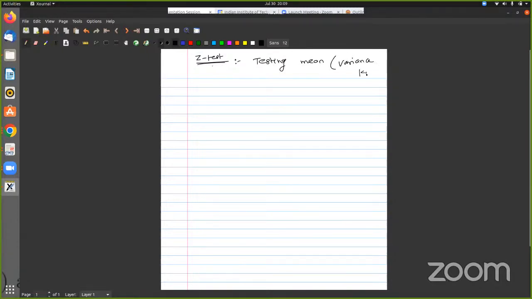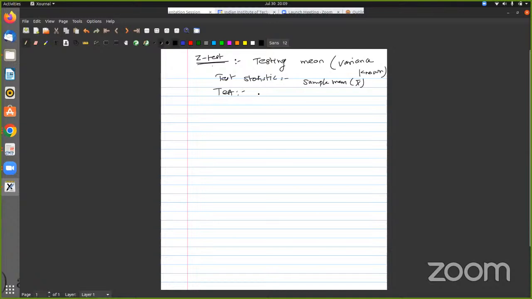We know the variance in this Z-test. What is the test statistic we use here? It is the sample mean, X bar.